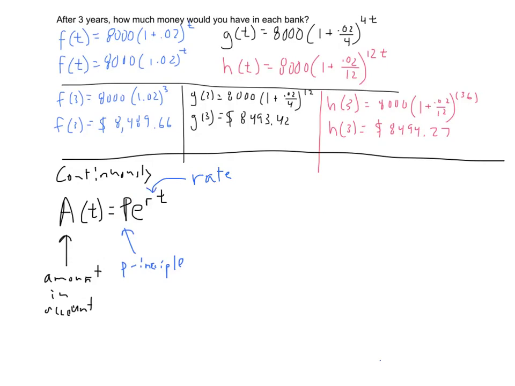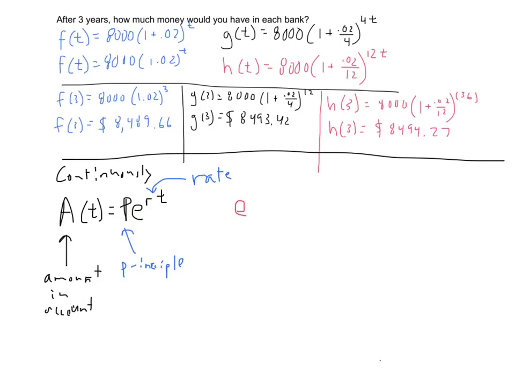Okay, and then the new thing that you need to know is this number here, E. And you'll notice that I called E a number. That's because E here is a number. It's kind of like pi, right? You've learned about pi as 3.141... It's a number that goes on forever. E is also a number, and it's the special number that comes up when we have things that compound continuously.